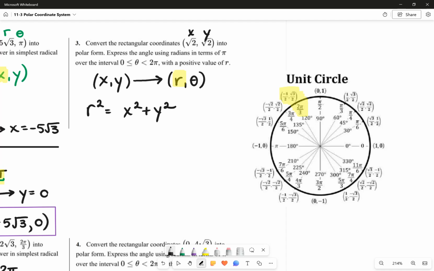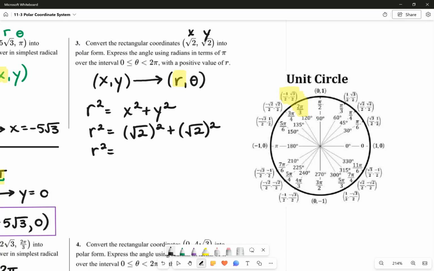So I'm just going to merely substitute. So my r to the second power is going to be square root of 2. And please notice how I put parentheses around it. All squared, and then square root of 2, all squared. Let's simplify.